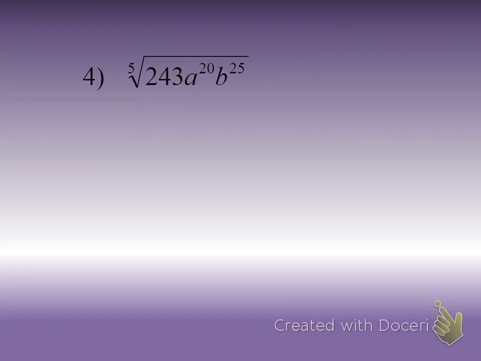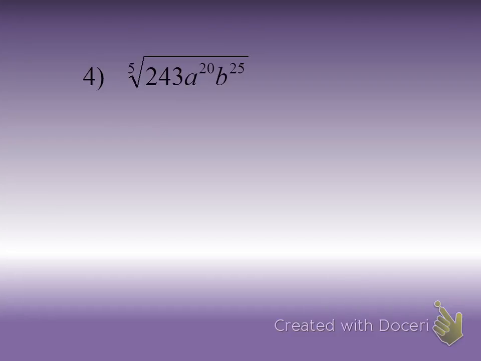Okay? And whenever we did, let's go back here real quick. When we did multiplication with this one, you treated each one what? You did the 243 separate. You did the 243 by itself. You did the 8 to the 20th by itself. You did the b to the 25th by itself. Here, you just had three monomials, or three terms, three separate things, right?